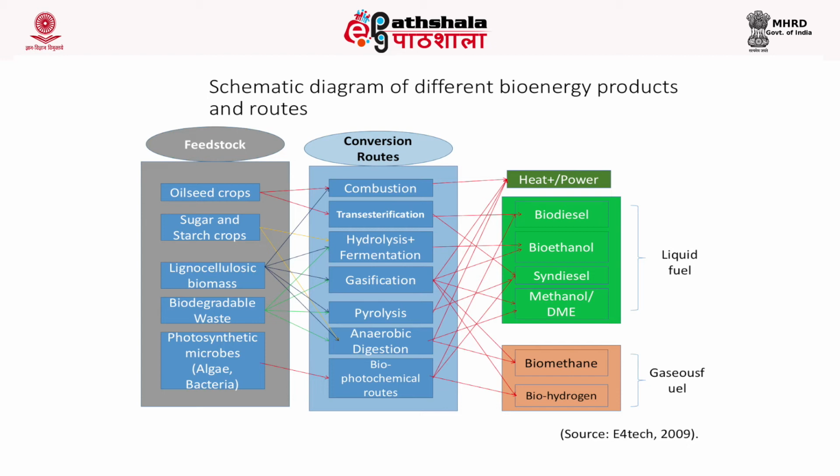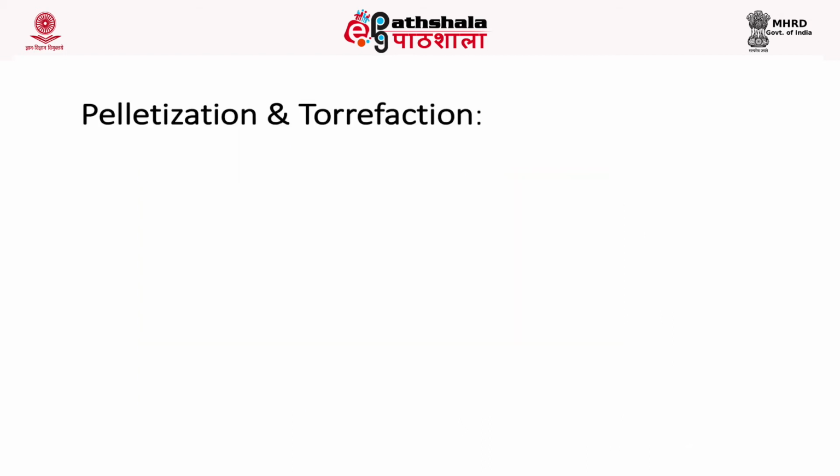It can also be used for the production of syndiesel and biodiesel, and to produce heat and power. So these are the different energy production routes to produce liquid and gaseous fuel from the biomass.